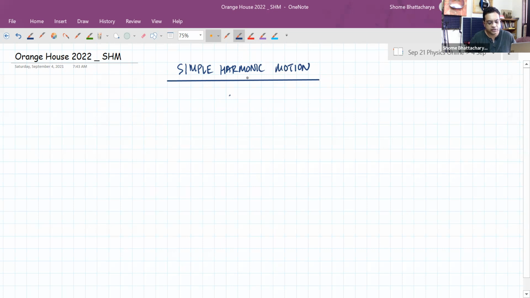So just to quickly recap everything we have understood, the general equation of SHM we have seen is that the displacement from the mean position is given by an equation like this.